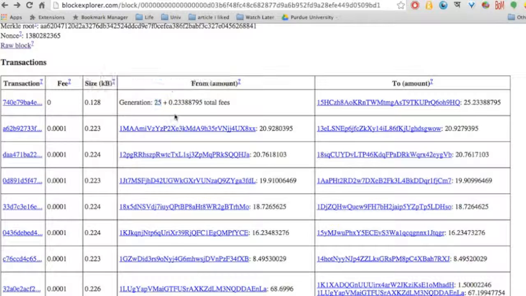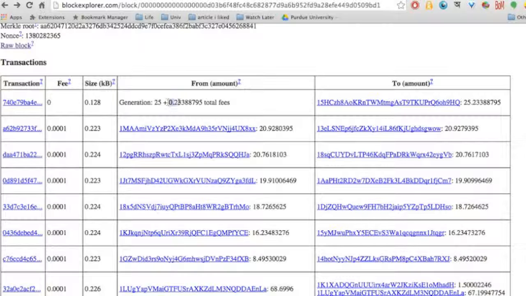Actually, the Bitcoin block reward started with 50 Bitcoin, and every 4 years it halves. So from 2009, 10, 11, 12, up to 12, it was 50 Bitcoin as the block reward, and then it halved to 25 Bitcoin as the block reward.